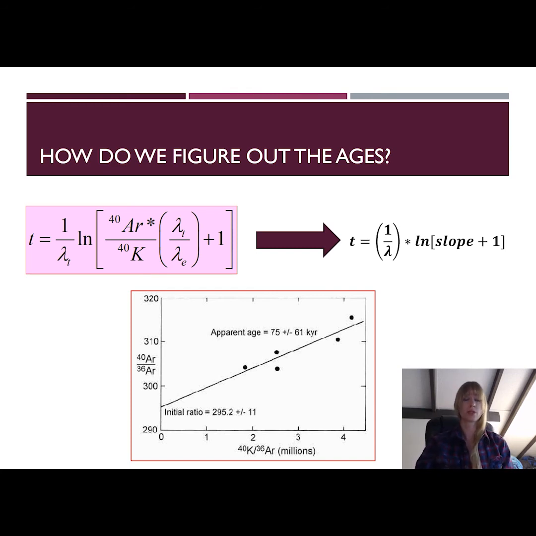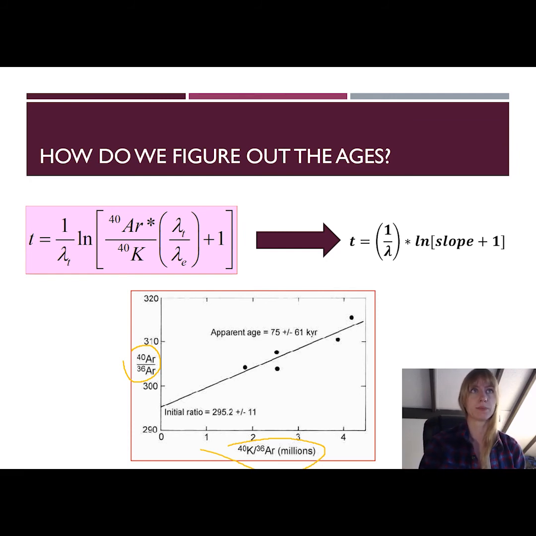So we are using one from potassium argon dating, where we have potassium argon down here, and then argon over here. And we make something called an isochron, which is this graph. And on this graph, the slope will give us the age, basically.